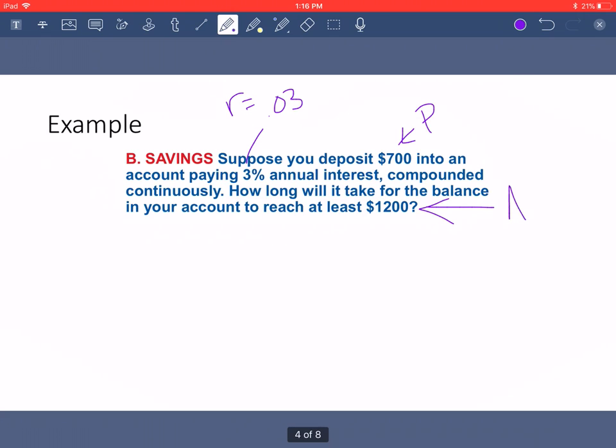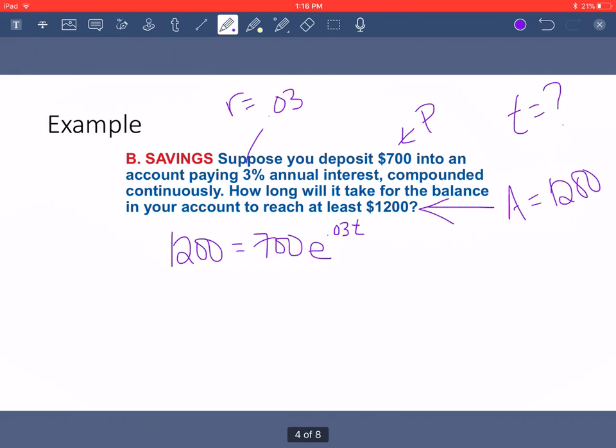We know what our A is, the amount we're looking for: $1,200. So we're looking for time. So we get 1,200 equals 700 times e raised to the 0.03t power.